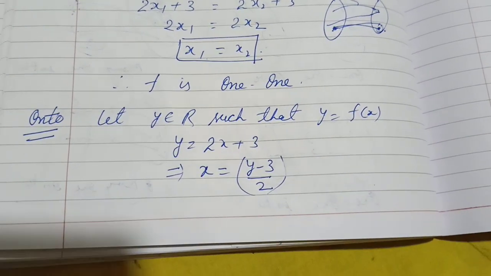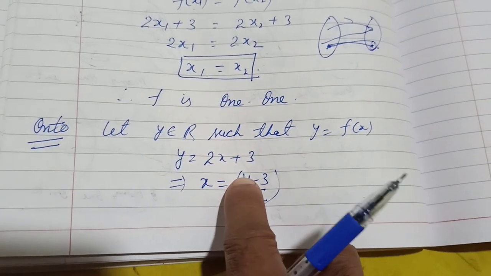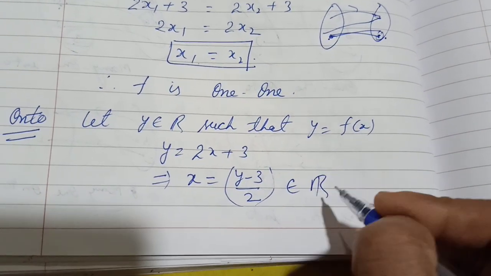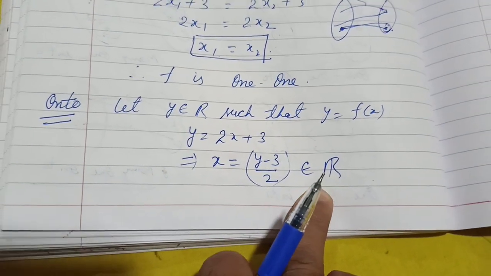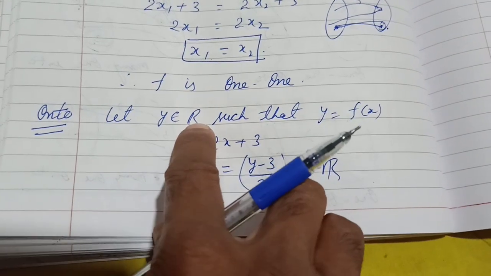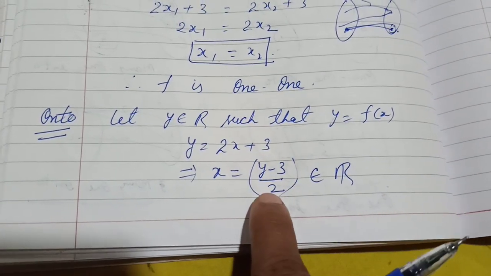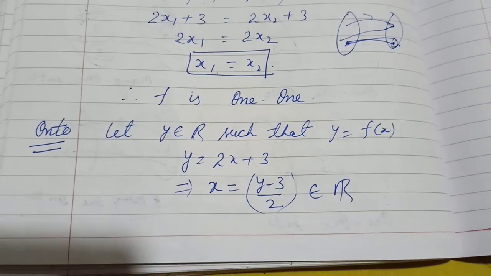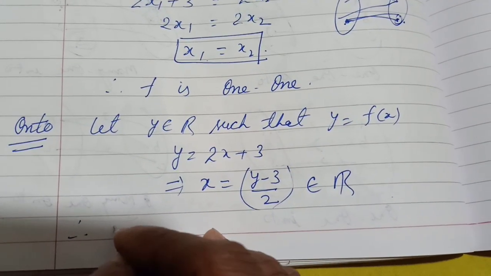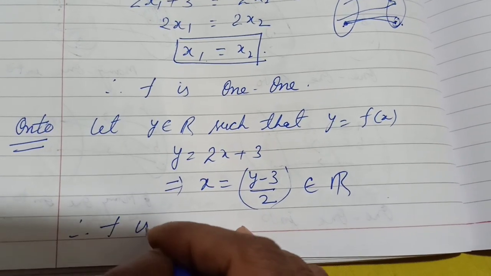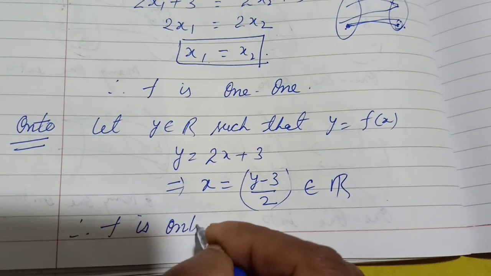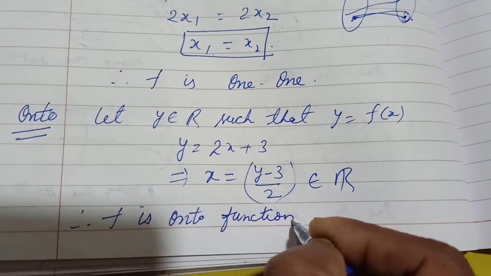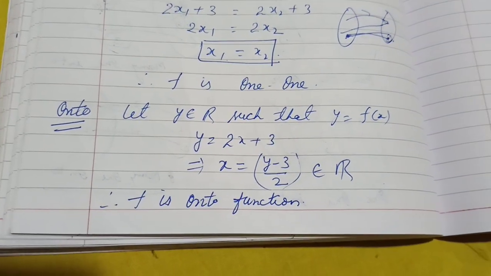Okay, this is the value of x, and if y is a real number, then (y minus 3) upon 2 is also a real number. Understand? If we take y as a real number, then (y minus 3) upon 2 is also a real number, that means x exists. When x exists, therefore f is onto function. Okay, understand?